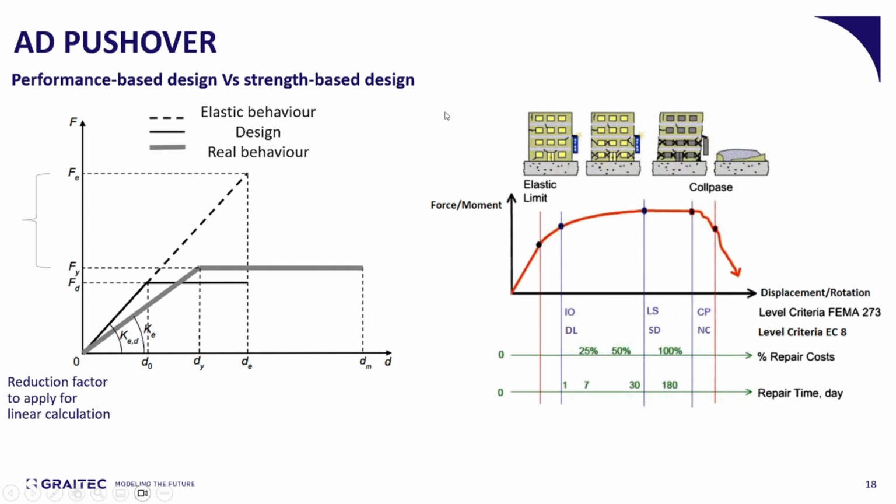And on the right-hand side, we have the performance-based design. The performance-based design is based on the fact we would like the structure to be able to demonstrate a certain amount of deformation. For example, on the top of this graph, we have four different icons that correspond to different types of deformation. On the first icon, we see a structure that has some damages.